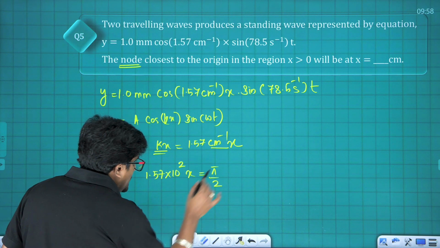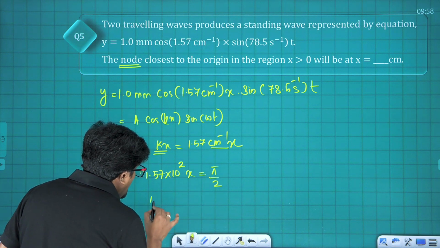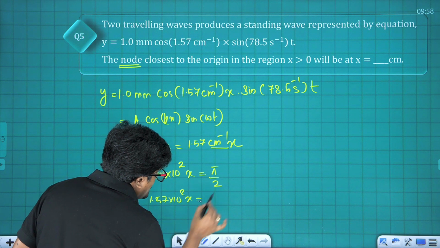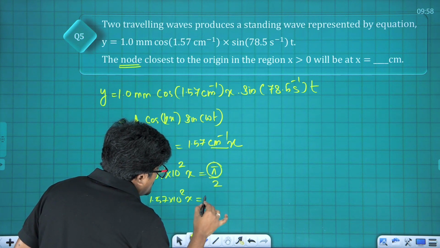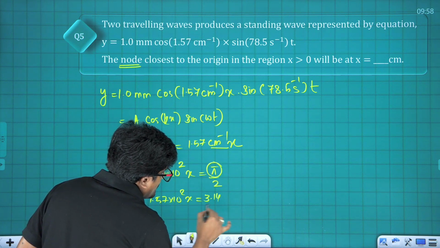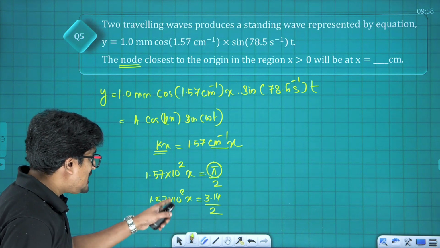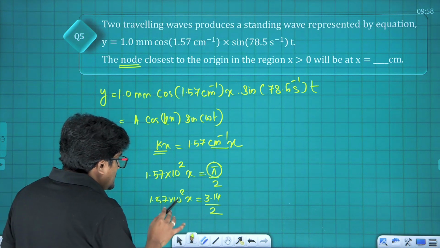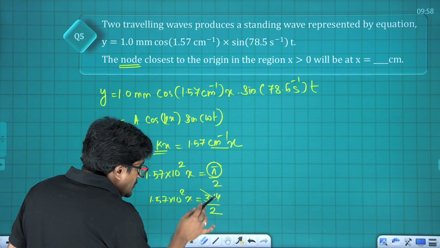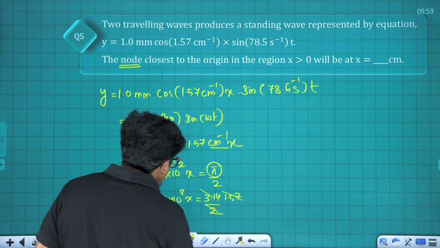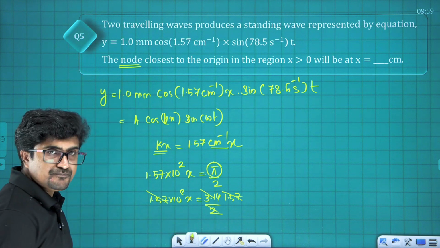And we all know that here this is 1.57 into 10 to the power 2 times x. I may write this as 3.14 by 2. Alright. So of course you all know that 3.14 by 2 is 1.57, and 1.57 and 1.57 will cancel.